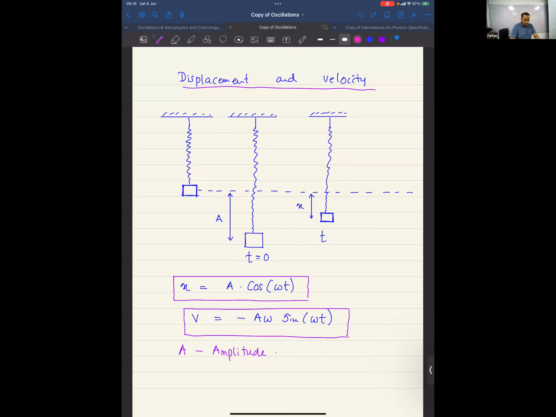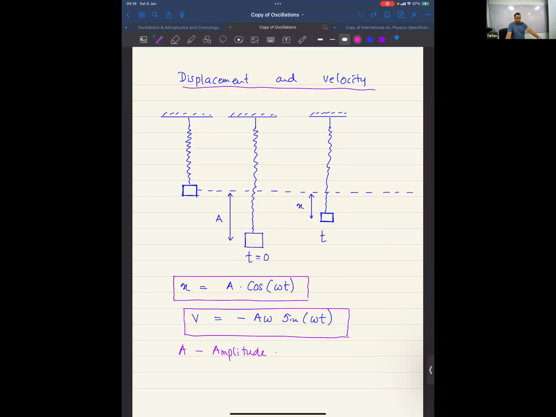If it is simple harmonic motion, it will have an equation like this. The displacement will be x equals A cos omega t, where x is the displacement, A is the amplitude, omega is the angular frequency, and t is the time. So using this equation, you can find the displacement of the object in simple harmonic motion when the time is t.